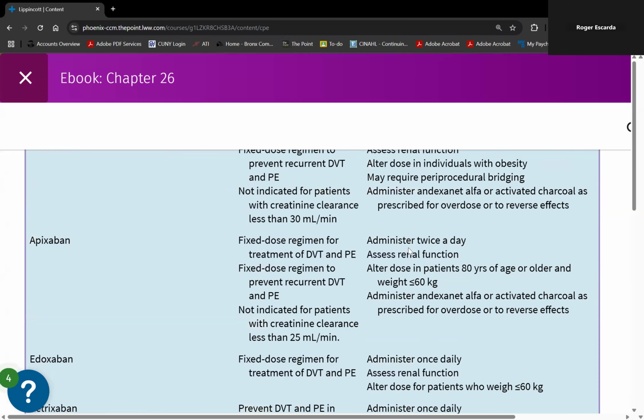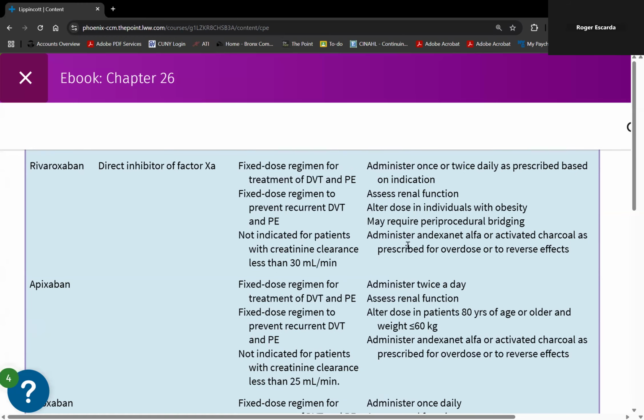Yes, they're very convenient. These drugs don't require PTT, INR monitoring, nothing like that. Not like warfarin, not like heparin. But they also don't have an antidote.